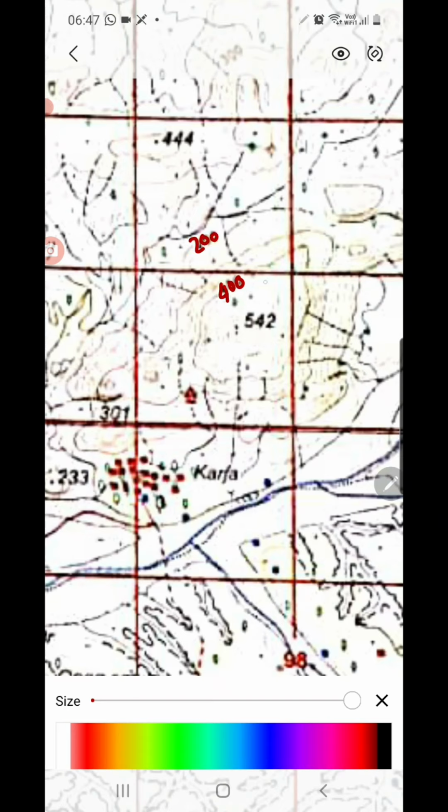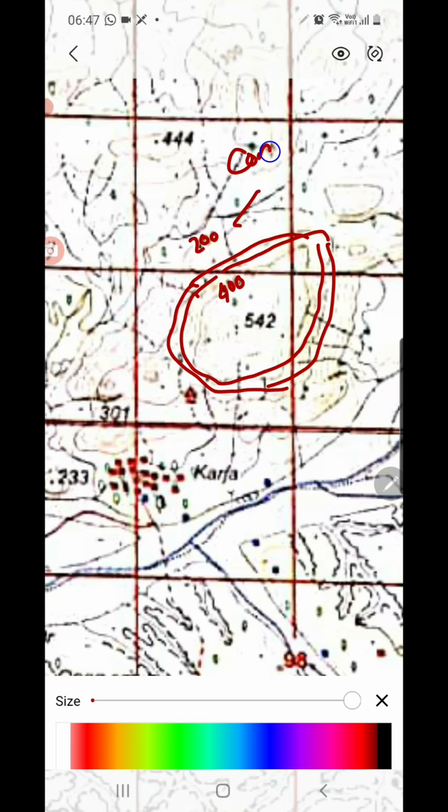Now if brown colored numbering is found, what is that? You have to write it as contour height. That is the contour height. This black color numbering is spot height. That you remember, black color numbering is spot height, and brown color numbering is contour height.